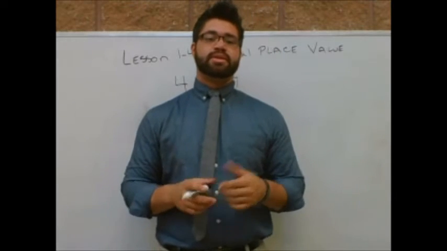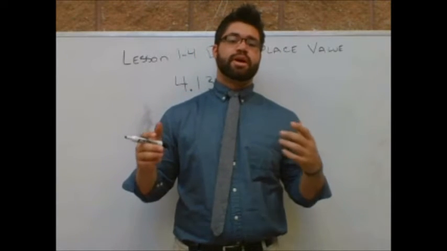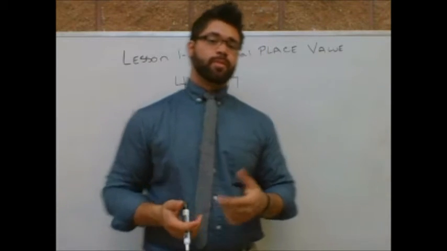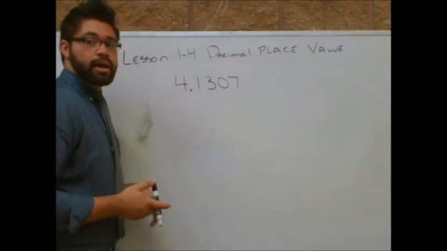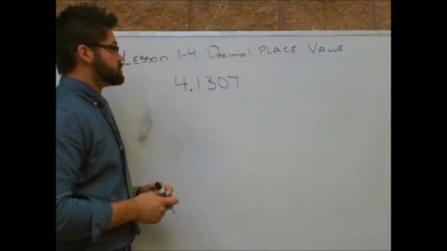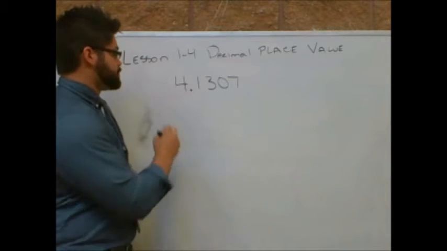So now let's do a little bit about decimals. I'd like to show you how to write decimals in word form. So here's a number that we've got on the board. It's a decimal. And I would like you to follow along with your PPIL.